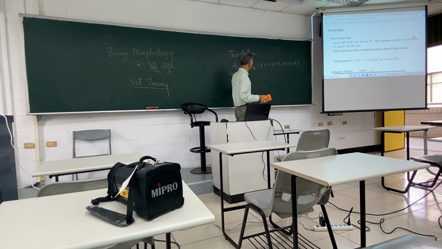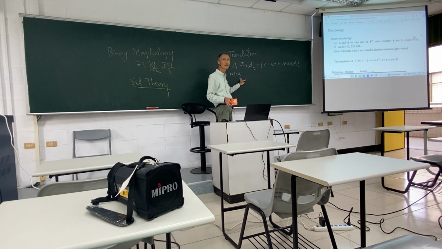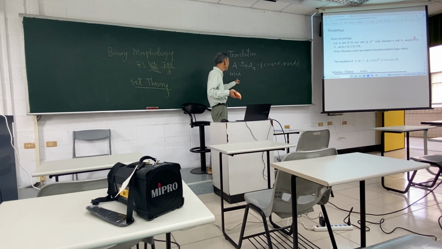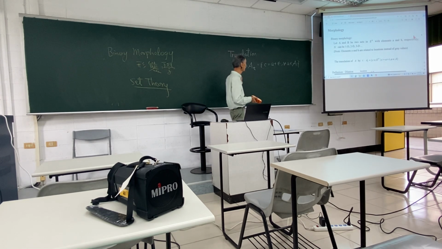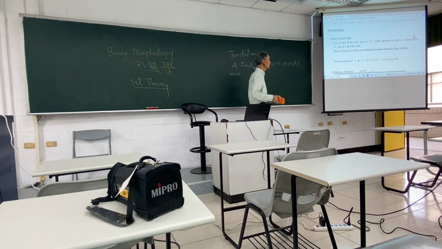Everyone follow me? The lowercase a is an element of the set A, and by set A I mean the image. We transfer the original object by T. That's called translation.